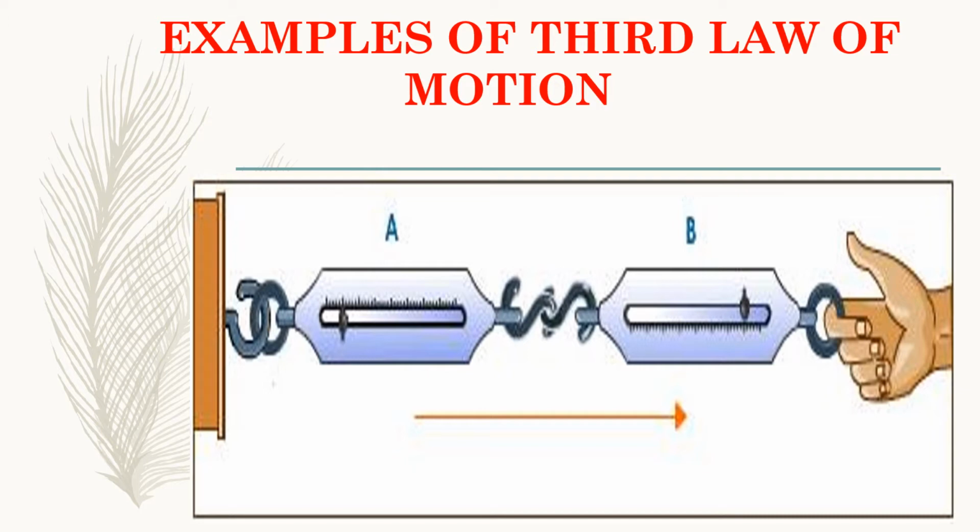So, this phenomenon shows that the force exerted by balance B on A is equal and opposite in direction to that exerted by balance A on B. The force exerted by balance B on A is called the action, while the force exerted by balance A on B is called the reaction. So this is an example of the third law of motion.